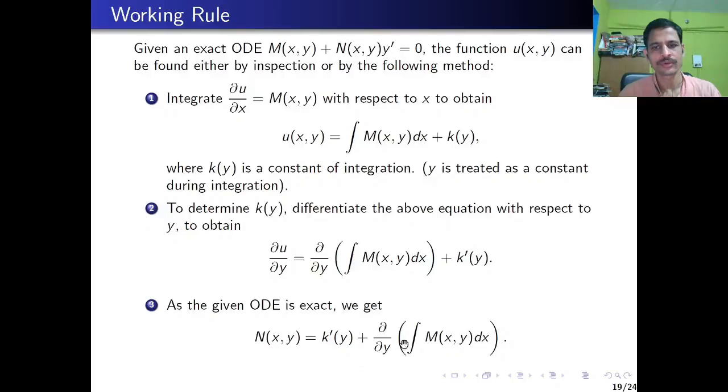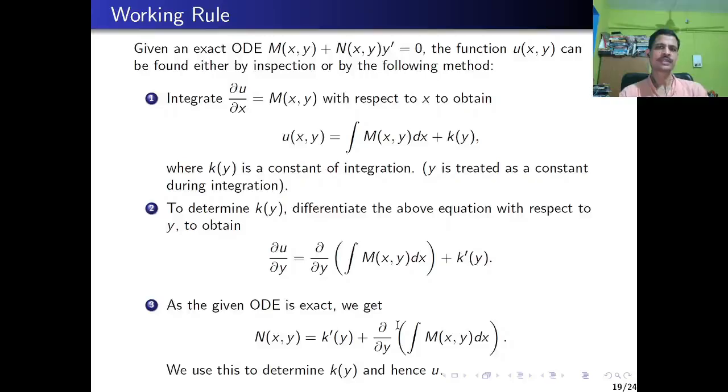So in this expression, we know what is N(x,y). We know the ∂/∂y of the integral of M(x,y) because M(x,y) is known. Because we know this quantity here and this quantity here, from that we determine what is k'(y), and once we know what is k'(y), we just integrate that and determine what is k(y). And once we determine k(y), we have in fact determined u(x,y), and so u(x,y) equal to c is our solution.